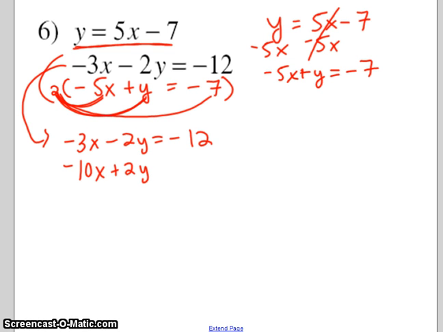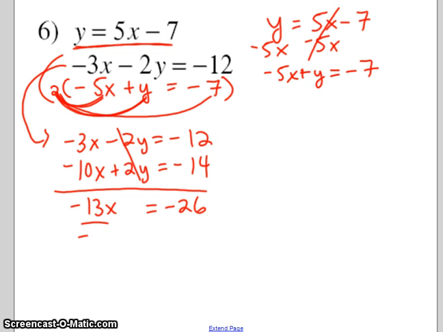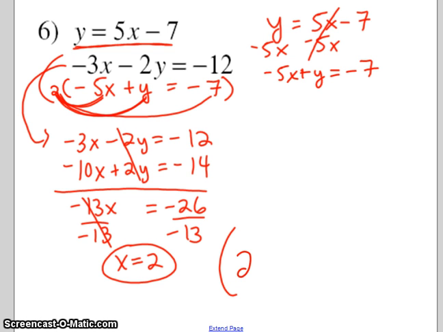And 2 times negative 7 equals negative 14. The 2's cancel. Negative 13x equals negative 26. Solve for x. You get x equals 2. So our first value is 2.